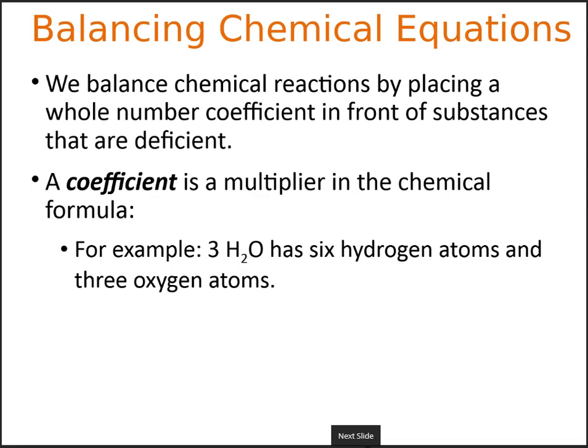To balance a chemical reaction, you have to use whole number coefficients. A coefficient is just the number that comes in front of the compound. So for example, this 3 that I just underlined, that's a coefficient. You multiply everything in the chemical formula that comes after it by 3.